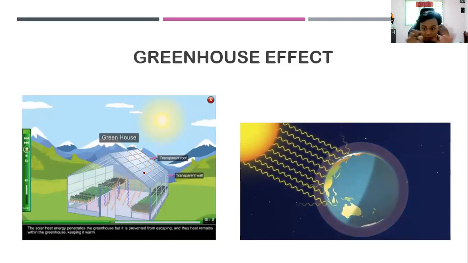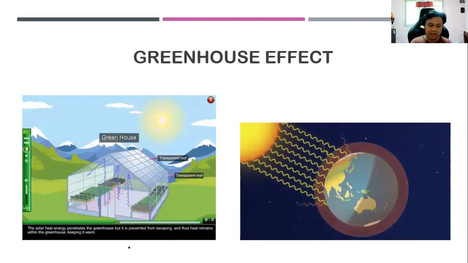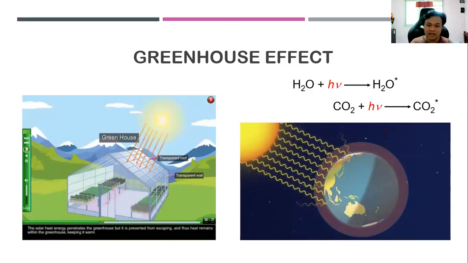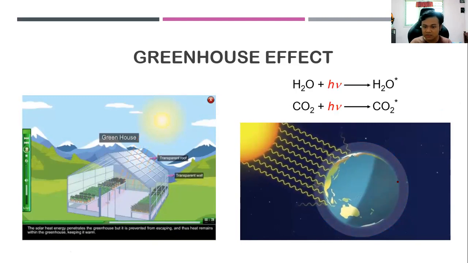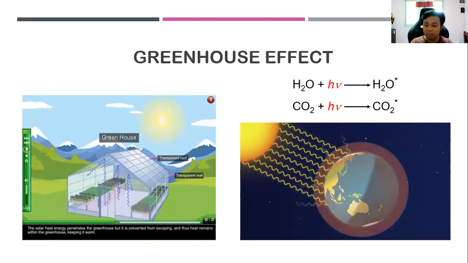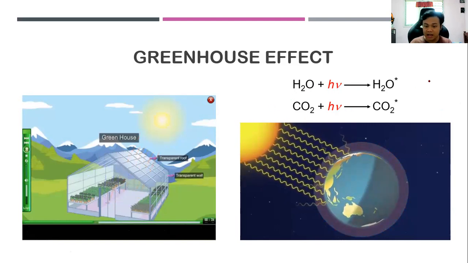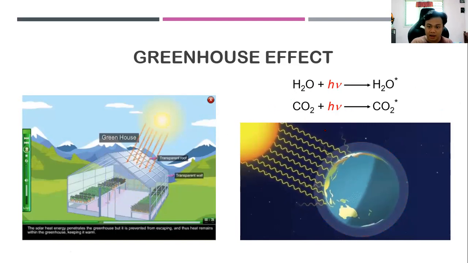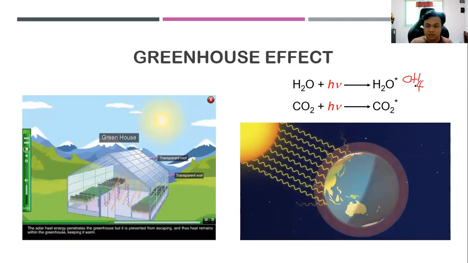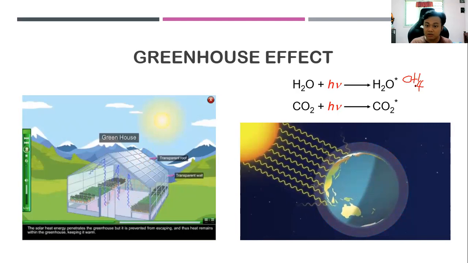So on the global scale, how is the greenhouse effect observed? In our atmosphere, we have water vapor and carbon dioxide. We also have methane, which is CH4. So CH4 is also a greenhouse gas.